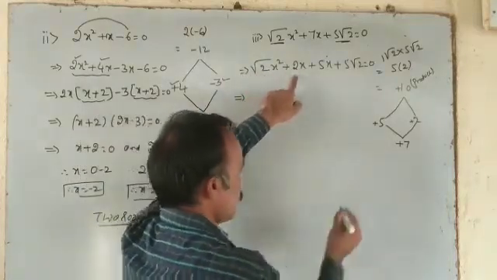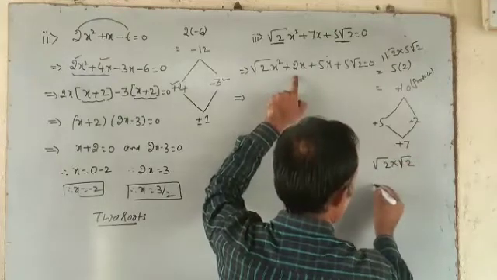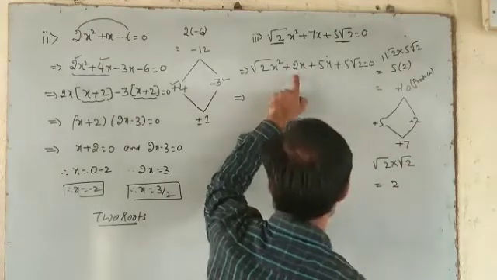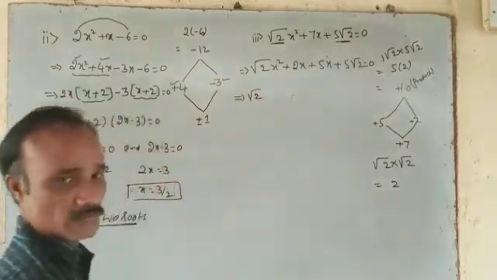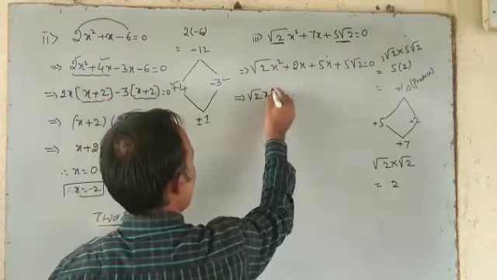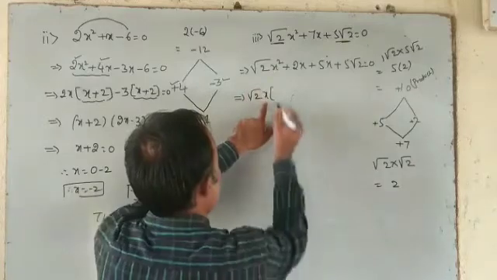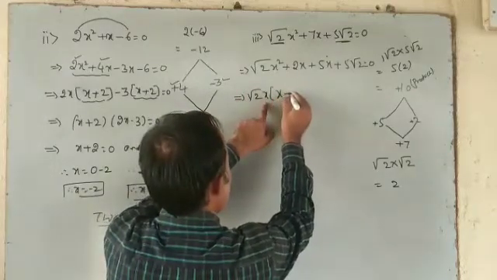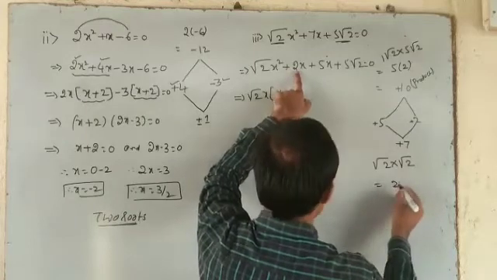Just see here, root 2 into root 2 is equal to 2, so root 2 is common here. Next, x square by x, x cancels, remaining x plus 2x.